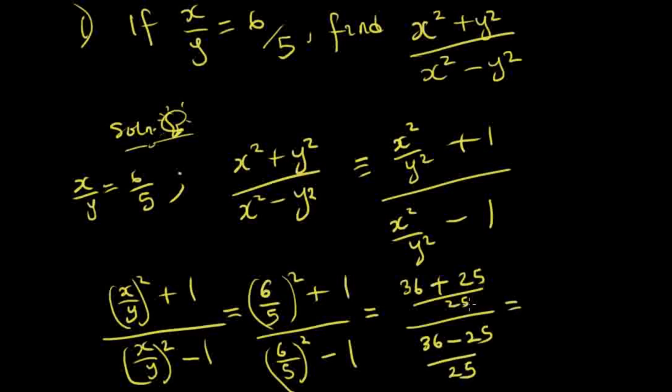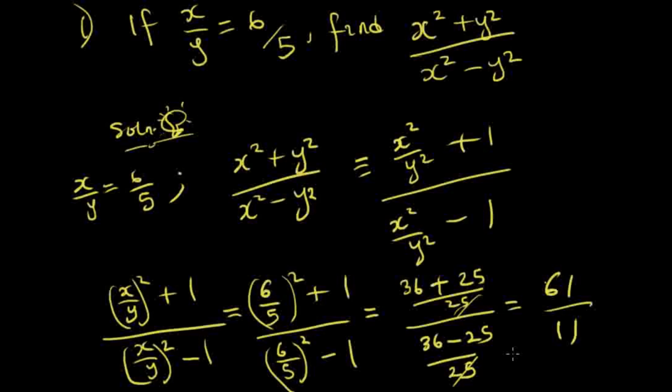If we do the cancellation of common denominators, you will be left with at the end of the day 36 plus 25 is 61, and 36 minus 25 is 11. So the answer to this problem is 61 over 11.